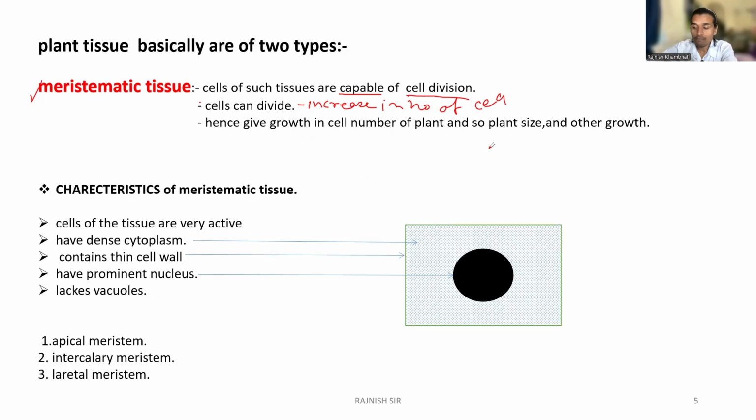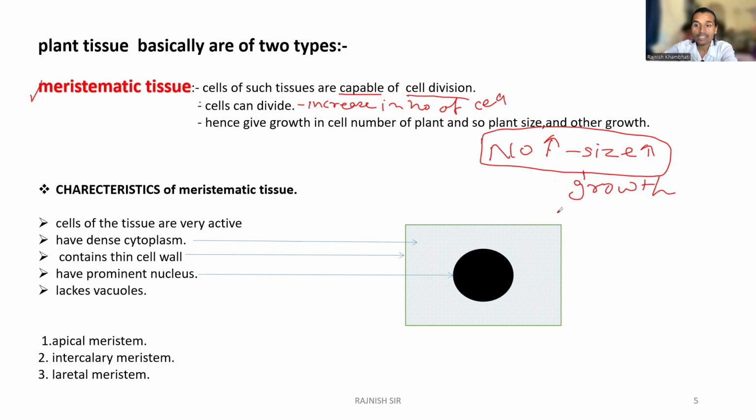When the cell number increases, the size of the organ or tissue increases. And when there is an increase in the size, volume, or number of cells, this is known as growth. When something increases, it is called growth.